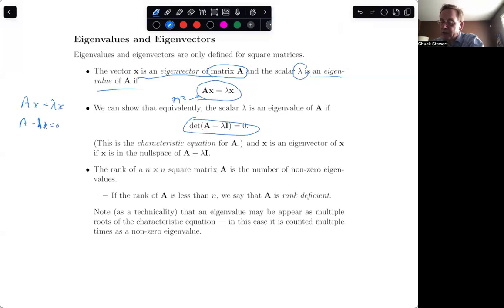And here's a little trick. Think about that. What we've inserted is an n by n identity matrix.